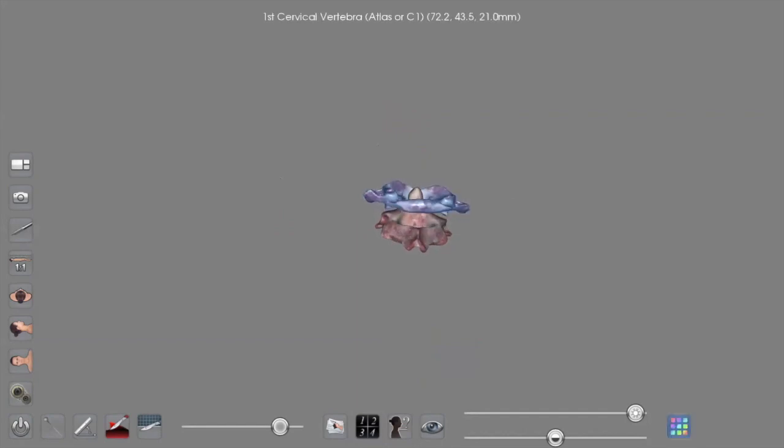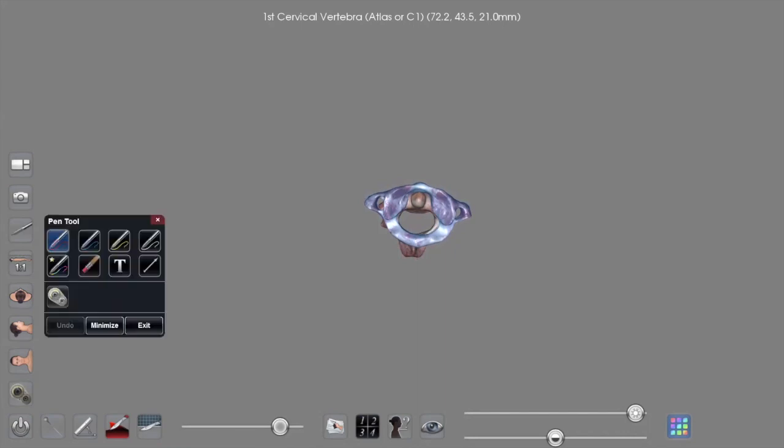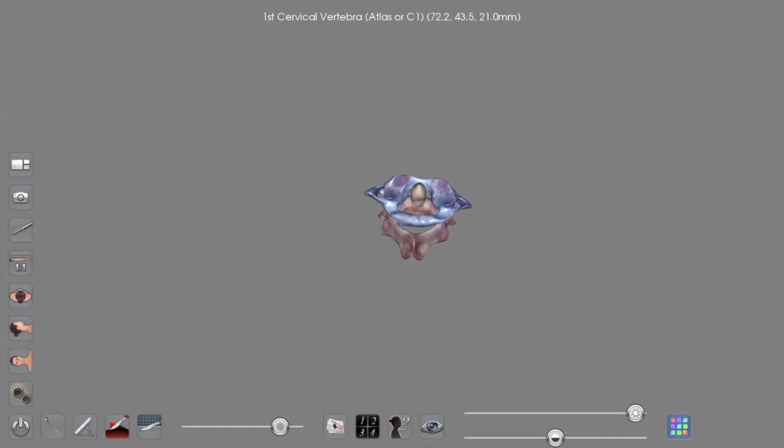C1, or the atlas, is unique in that it contains no body and no spinous process. It has an anterior arch and a posterior arch, and facets for the occiput of the skull to sit on.